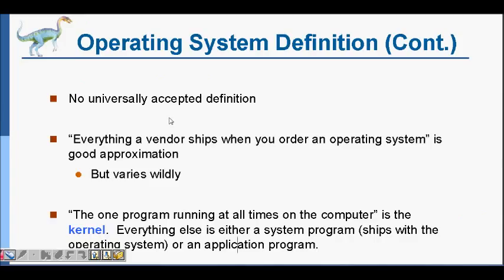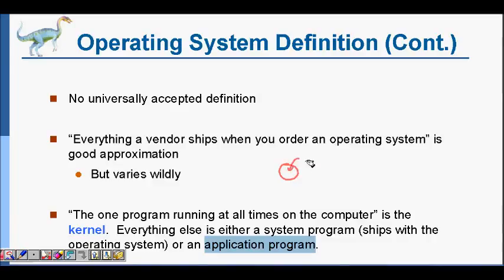Next, let's see what an operating system is. When you get a computer, initially it has the operating system, the one program. Now we will look at what the kernel is. Kernel is something people become afraid of when they hear it initially. The one program running at all times on the computer is the kernel. Everything else is either a system program which ships with the operating system, or an application program. So the kernel is basically the very core of your computer.